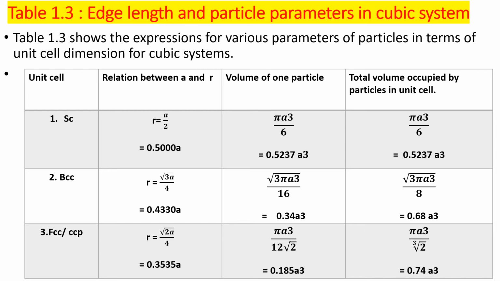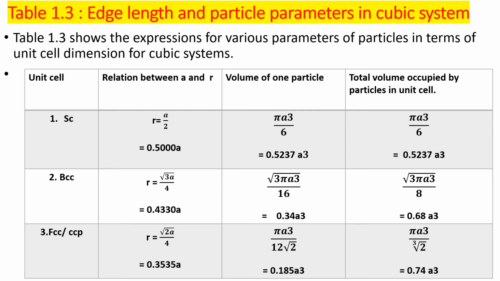It gives 0.5000 into a. Okay, and second, BCC, r is equal to root 3 a upon 4. It gives 0.4330 into a. And third one, FCC, r is equal to root 2 a upon 4. It gives 0.3535 into a.